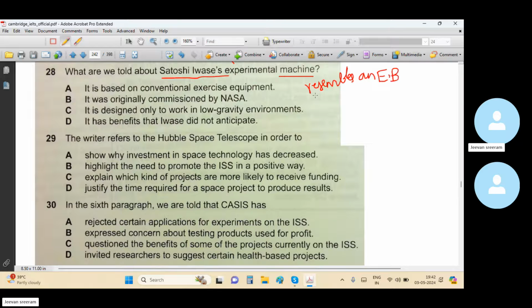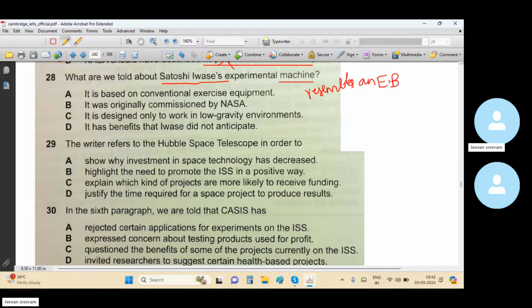Let's check which option is giving a similar sense. First one, it is based on conventional exercise equipment. Yes, it is giving a similar sense, no? Keep this aside. You can't eliminate this option. If you find a more accurate option among the other B, C, D options yet to be checked, you may eliminate A.